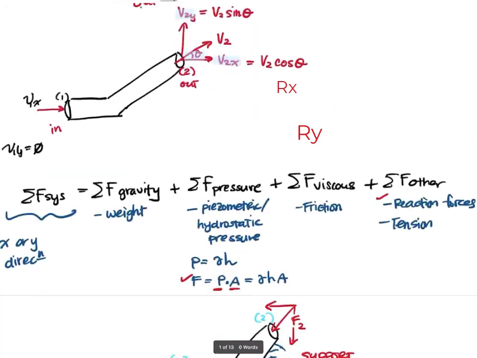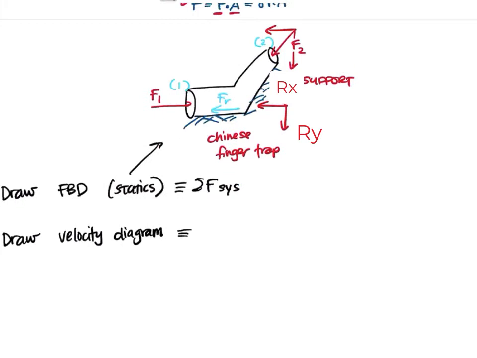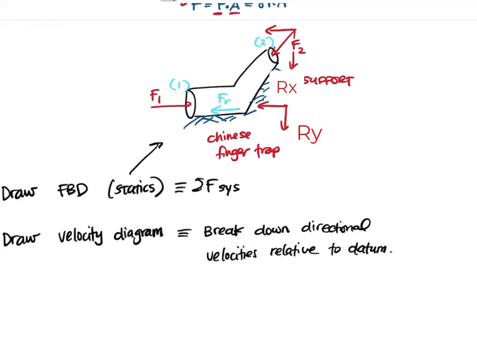And that actually helps us break down our directional velocities relative to the datum. Okay, it's incredibly helpful doing that. Okay, so let's go ahead and get started and do an example.